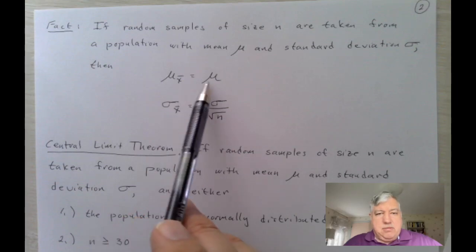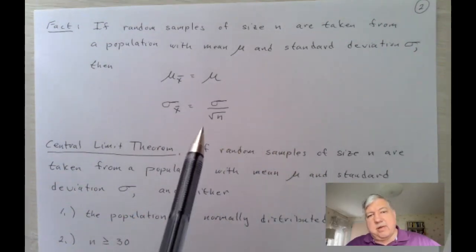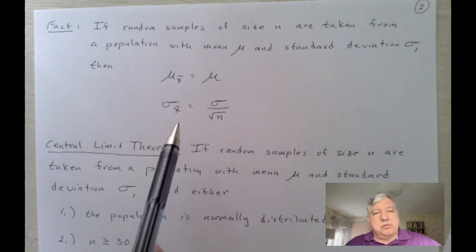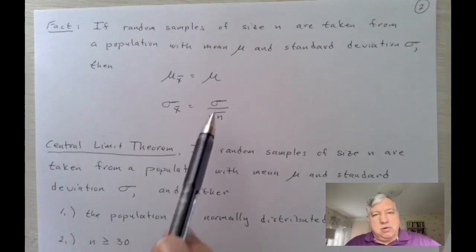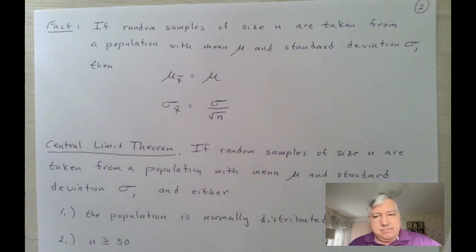The mean of the sampling distribution remains the same, whereas the standard deviation is quite different. It's much smaller. It's the original standard deviation divided by the square root of n. And this is what we use when we specifically want to compute the probability that a sample mean is in a certain range.